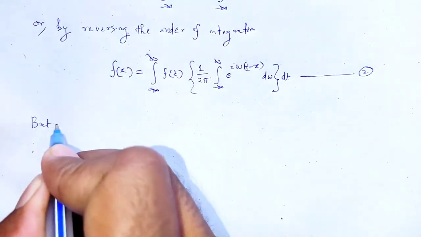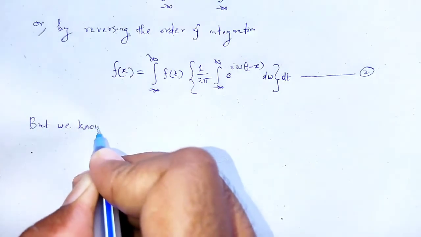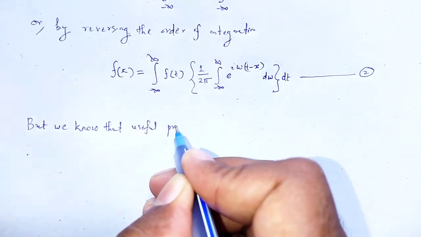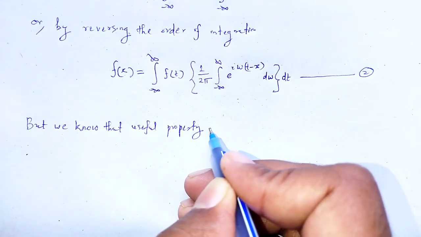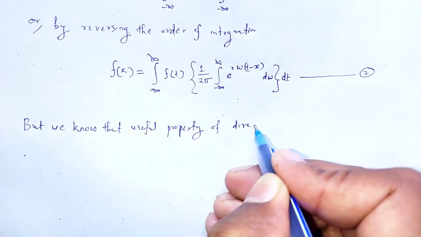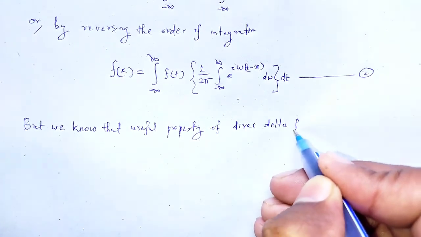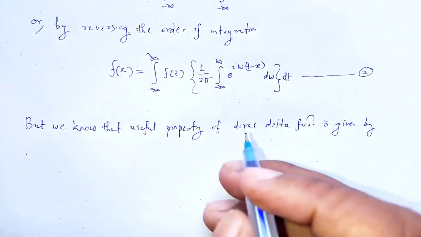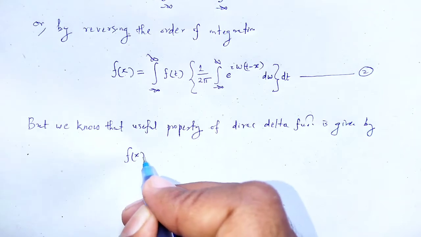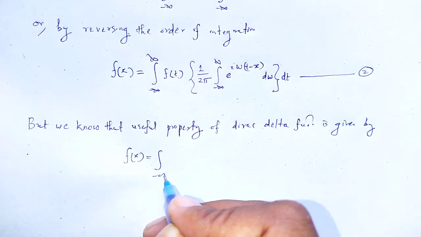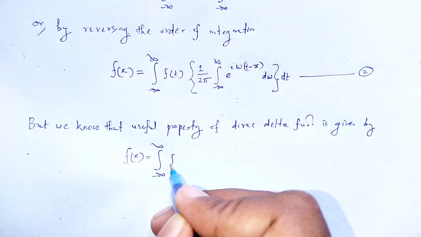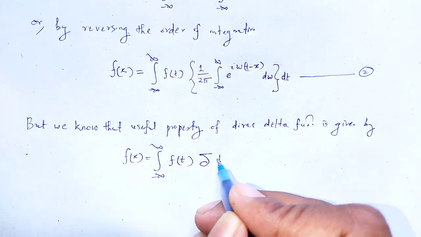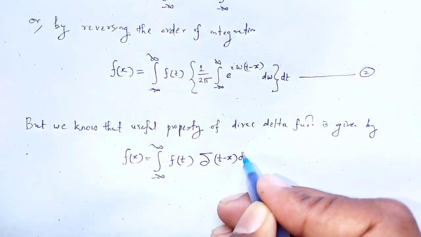We know that a useful property of Dirac delta function is given by f of x is equal to integration over minus infinity to plus infinity f of t Dirac delta function delta of (t minus x) dt.